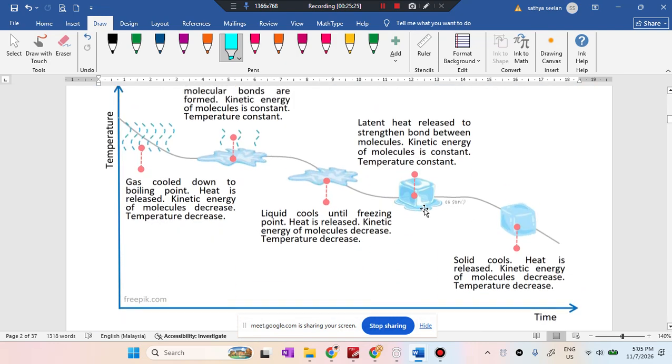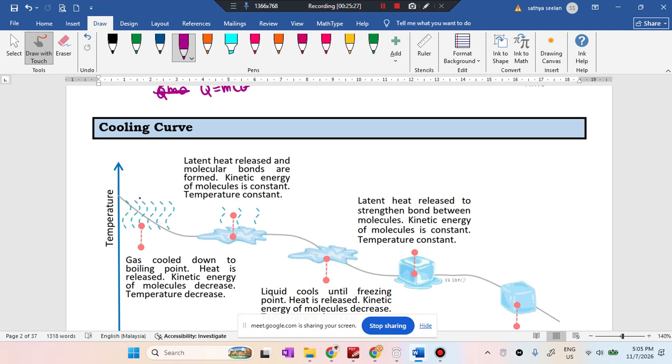Okay, sekarang untuk cooling. Ini cooling, from gas. Now this is the cooling graph. Gas is cooled down to the boiling point. Okay, so that is 100 degrees Celsius lah.